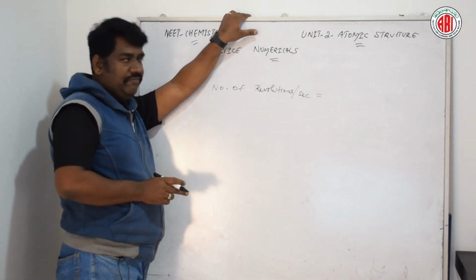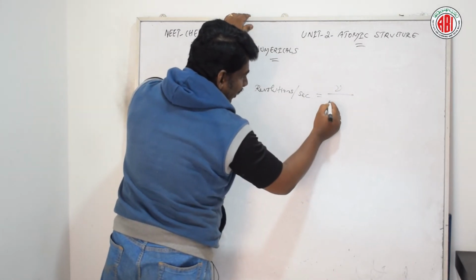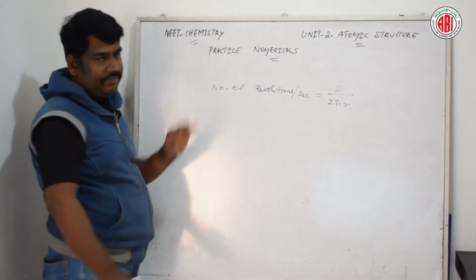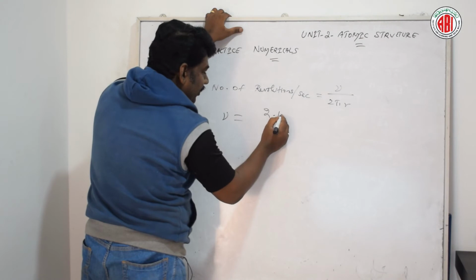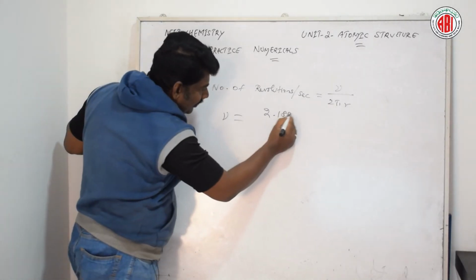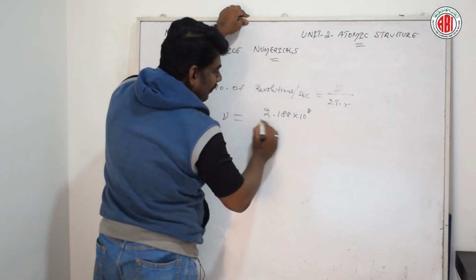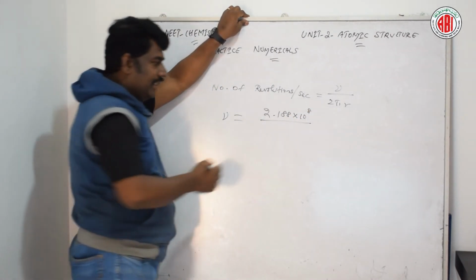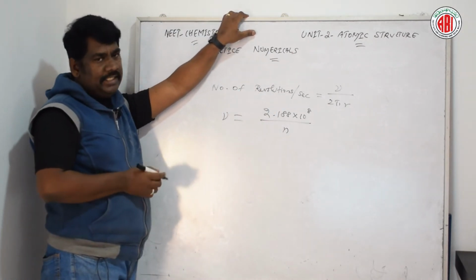We are using the formula, frequency nu by 2 pi r, where nu is equal to 2.188 into 10 to the power of 8 by n, centimeter per second.